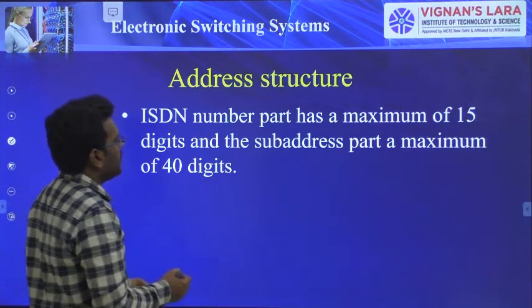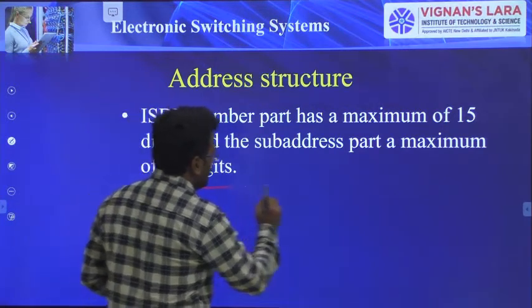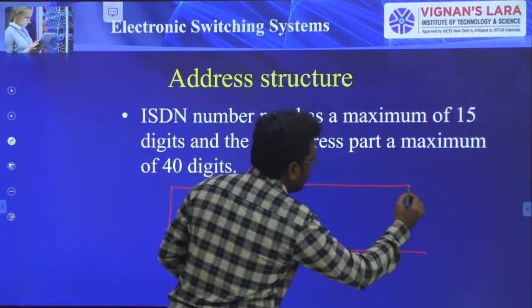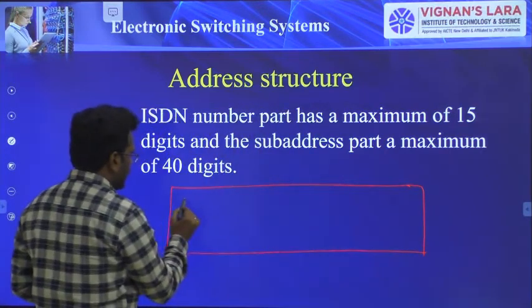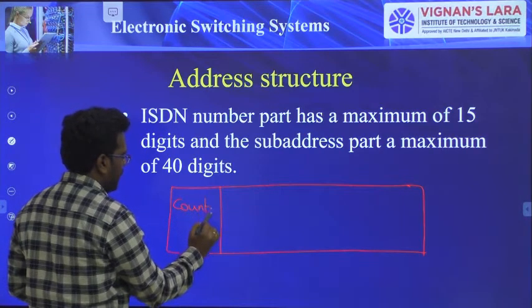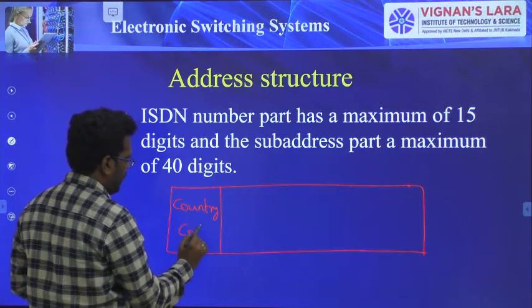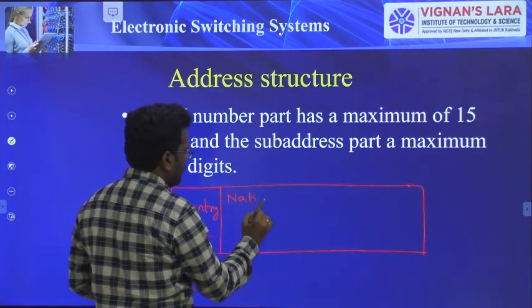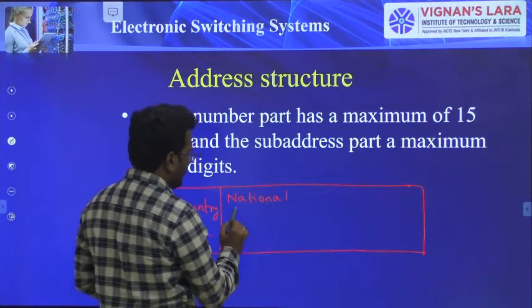So if we see the structure of the address, it contains some fields. First one is the country code. Next one is the national destination code.